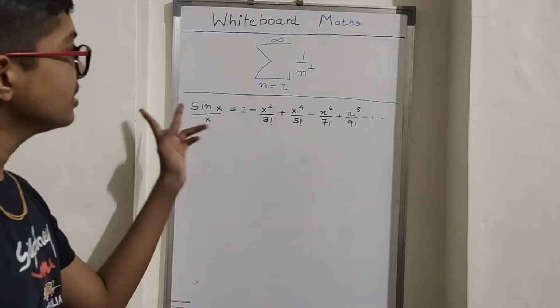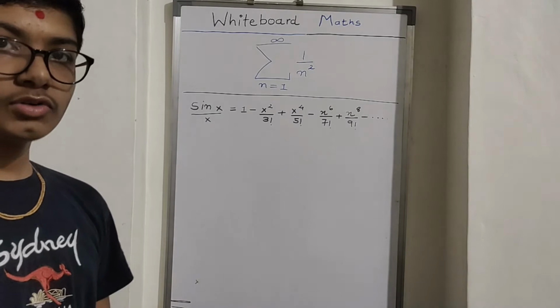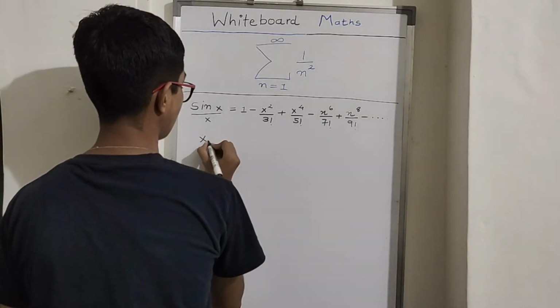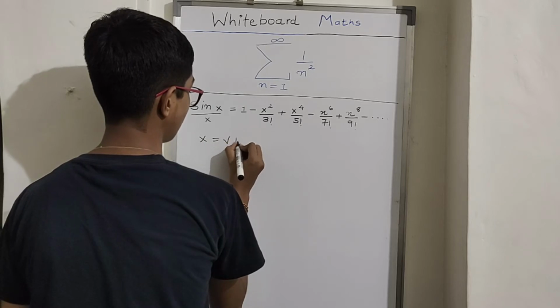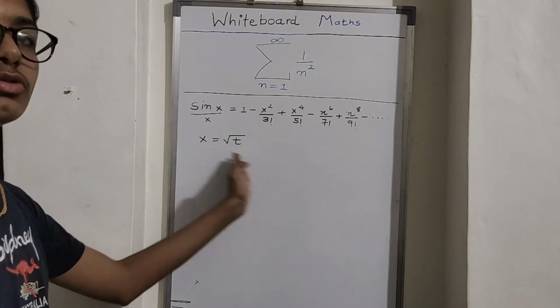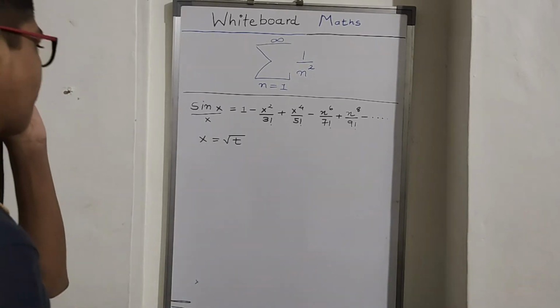So far we have reached this point. Now we are going to do a substitution. We are substituting x equal to square root of t.